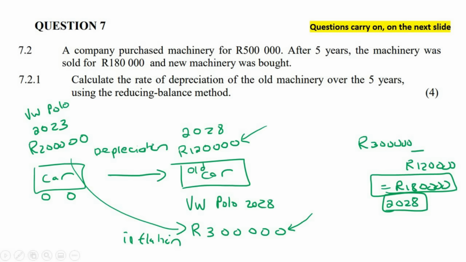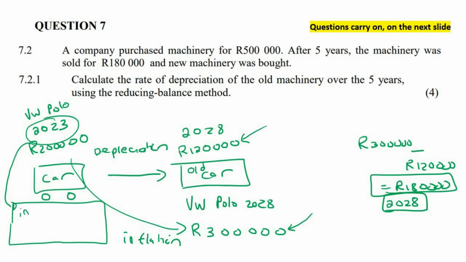Now think about this carefully. What if this guy in 2023 decides to open up some type of investment account, and he tells the people at the investment, hey guys, hope you're well. In 5 years' time, I need to please have 180,000 Rand.